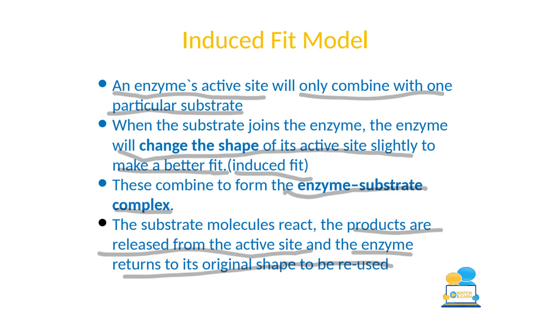The enzyme will alter its shape slightly to fit the substrate. This is known as the induced fit model. These combine to form the enzyme-substrate complex. A product is produced and released from the active site, and the enzyme returns to its original shape. If we reference these 5 or 6 points in bullet points, we get full marks in this particular question.